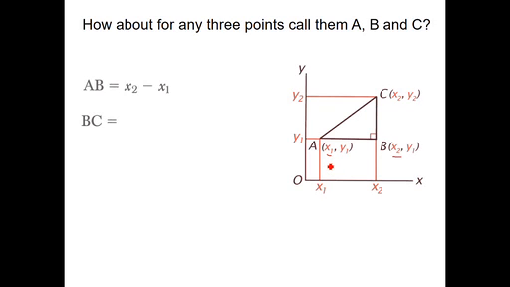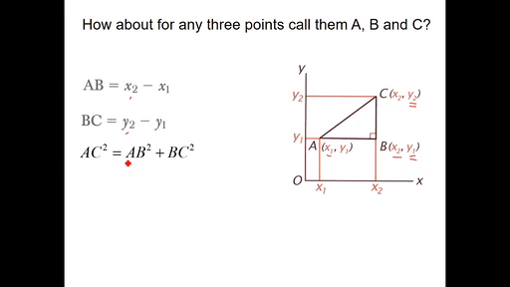The distance from B to C is taking y2 minus y1. Again, there's no change in x. You'll notice here that if you take x2, then you have to take y2. Kind of important. And then from the distance of AC, we're thinking Pythagorean theorem in here.